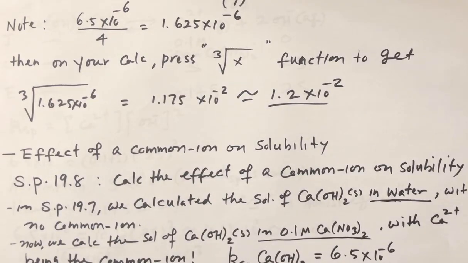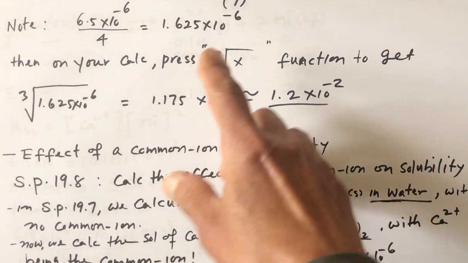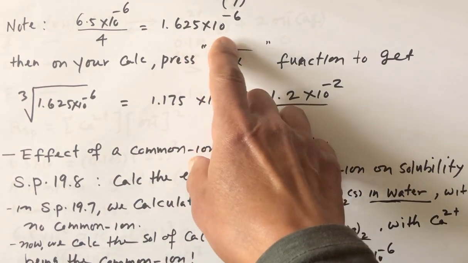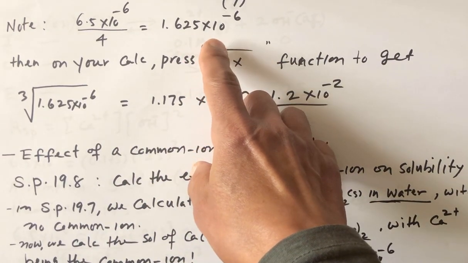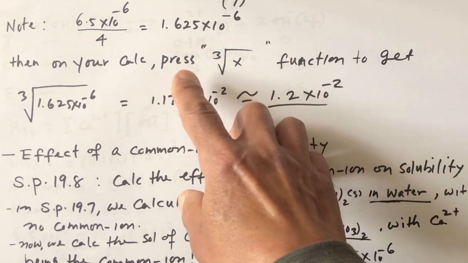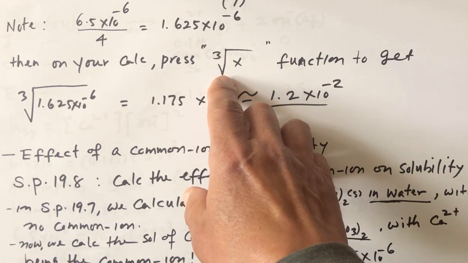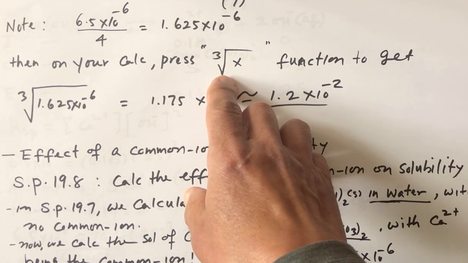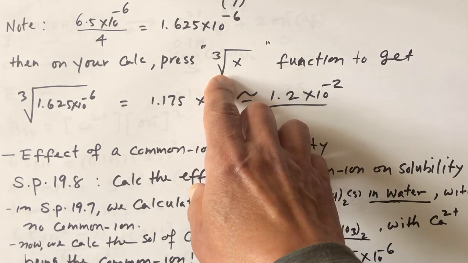Now, I've also, in the next slide, indicated that 6.5 times 10 to the negative 6 divided by 4 is 1.625 times 10 to the negative 6. And then once we get that, I'm using my calculator on my phone, this is on an iPhone actually.